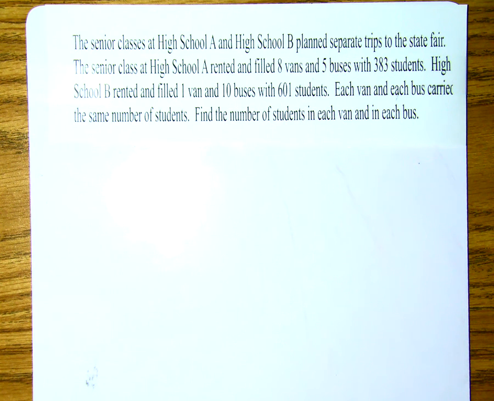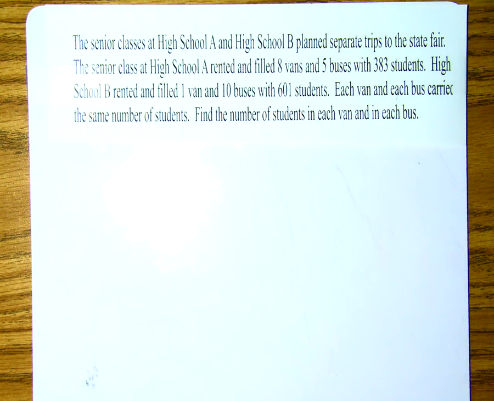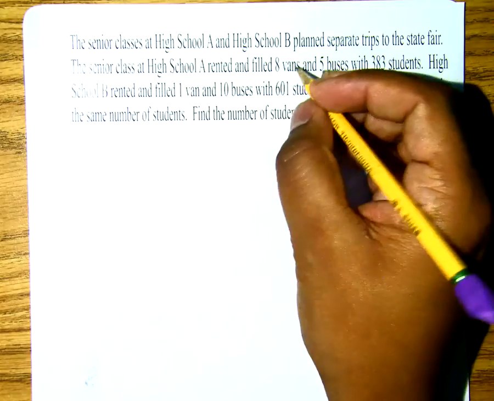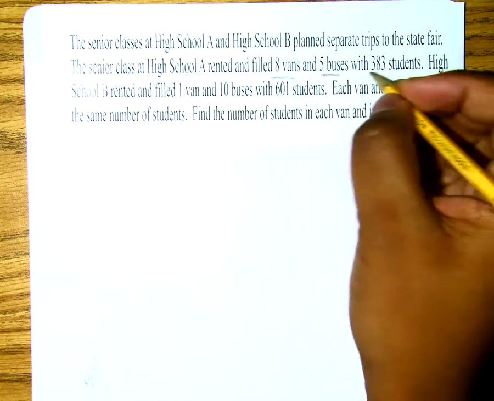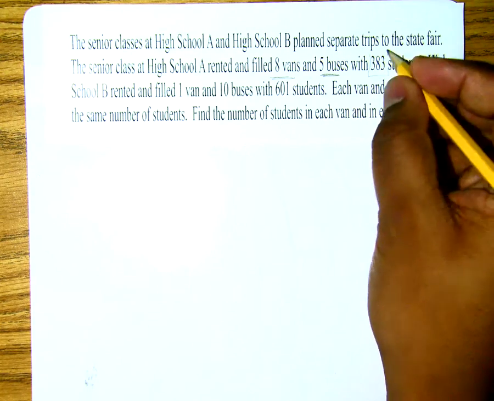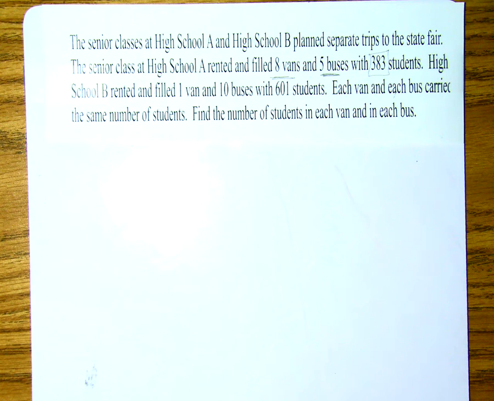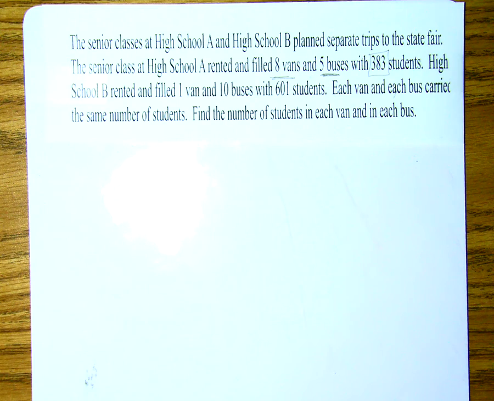And if you think about it, if you look at just one high school, let's say high school A, high school A rented 8 vans and 5 buses, and together, in total, 383 students. So that right there is an equation on its own.